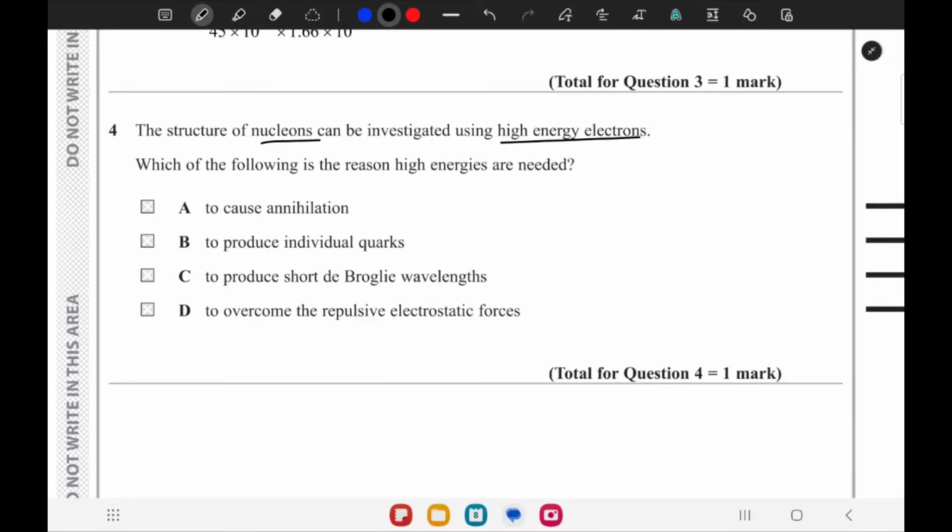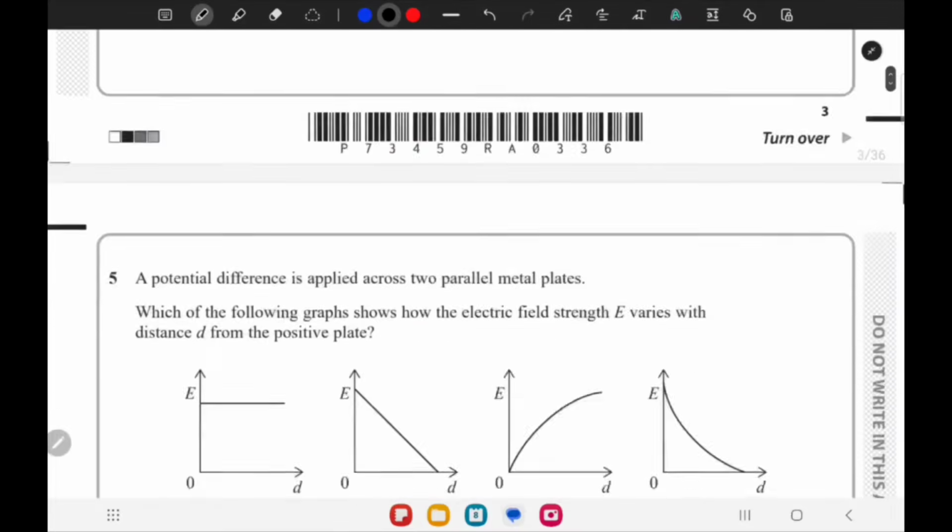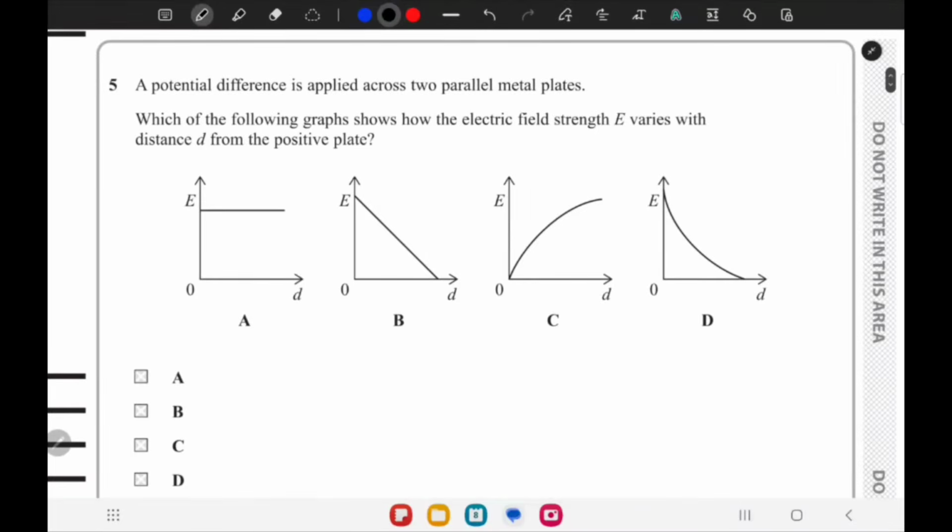The high energies are needed so we can produce short de Broglie wavelengths, because the short wavelengths give us a greater resolution. C is our answer.